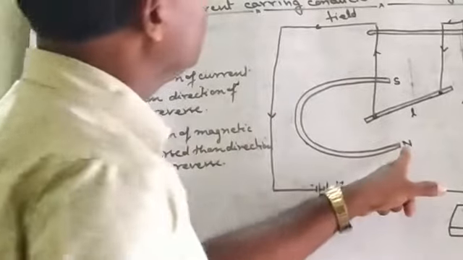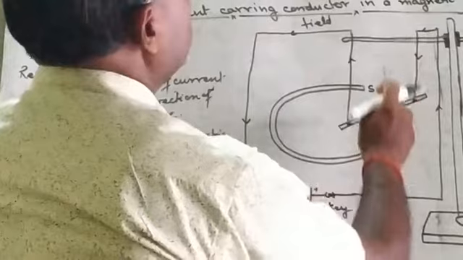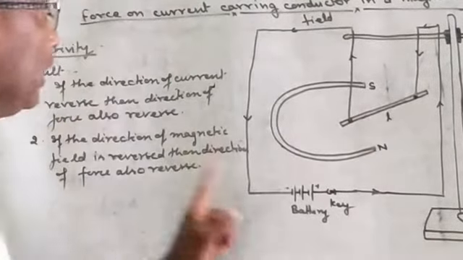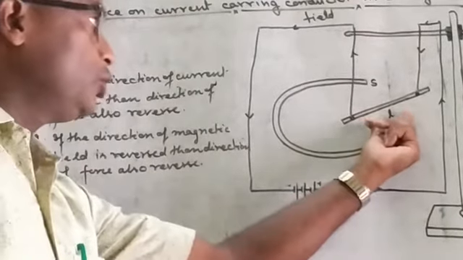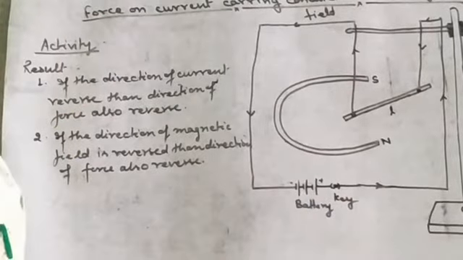Suppose initially here is the north pole and that is the south pole. You reverse this one. This north pole you keep here and the south pole you keep here. Then also the direction of motion, the direction of force, on this conductor is reversed.